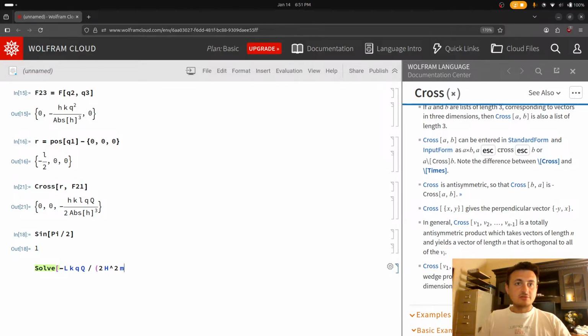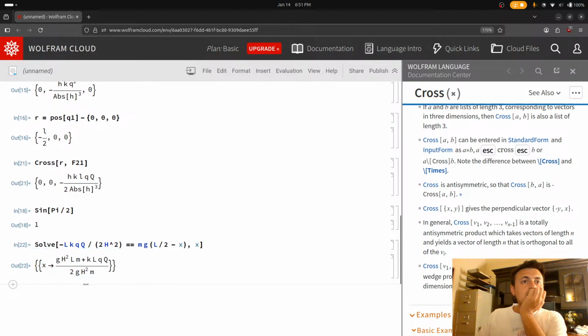Oh wait, I did this wrong. 2h squared equal to mg L over 2 minus x. Is that right?